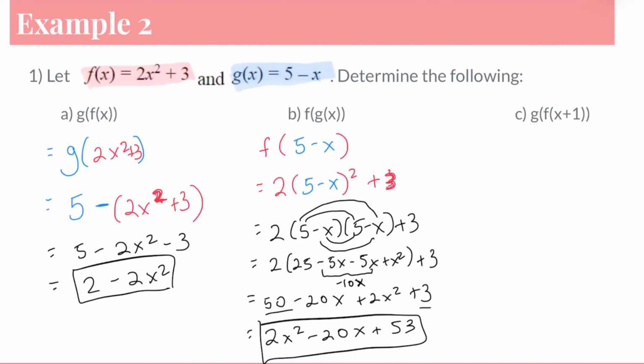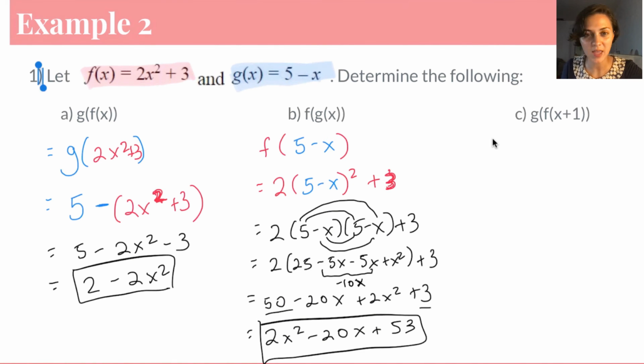That one, the simplification was a little work, but always good to practice our algebraic simplification. And finally, we have part C, which I don't know if you noticed, but that is actually a composition function inside a composition function. So it's 3 functions, all of which are inside of each other.